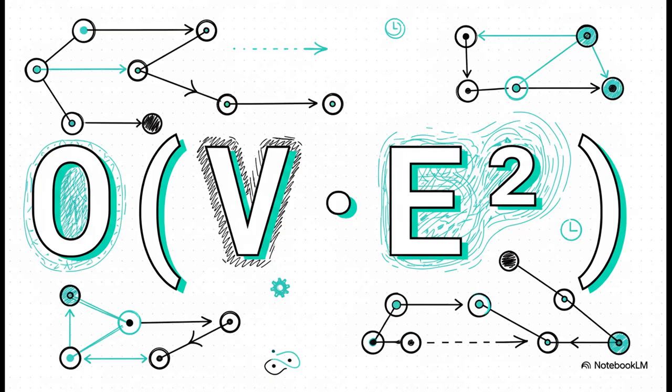And that simple choice of using BFS has a massive payoff. The time complexity for Edmonds-Karp is big O of V times E squared, where V is the number of nodes and E is the number of edges. Now, it's not the absolute fastest algorithm out there, but this polynomial time guarantee means it's reliable. It's not going to suddenly blow up on you, which makes it a fantastic and practical choice for a ton of problems.